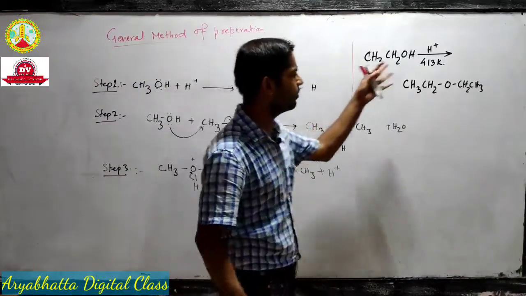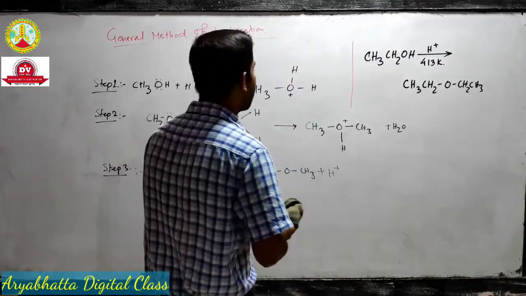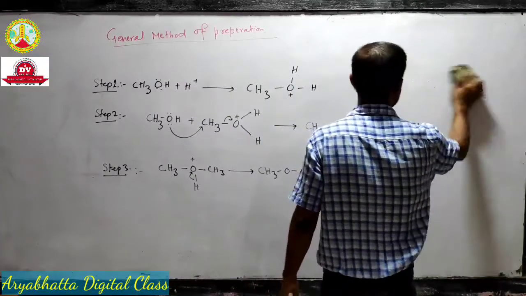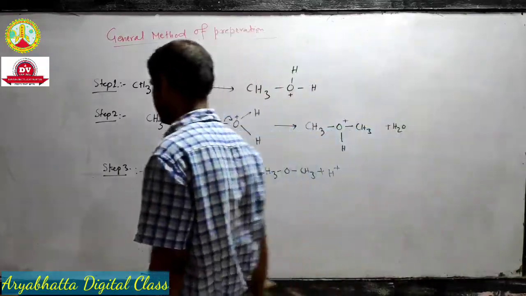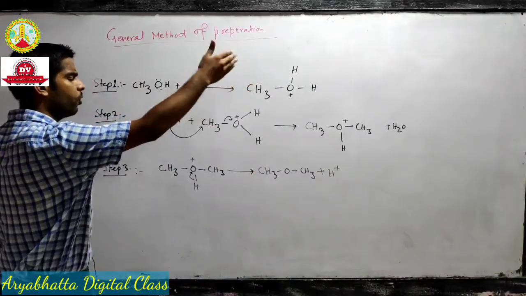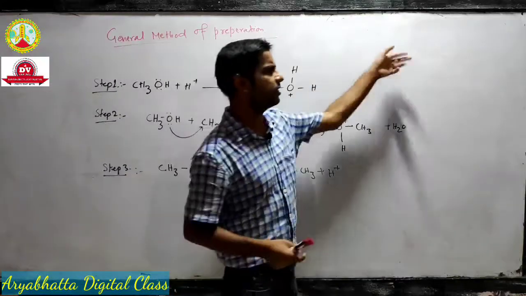That means instead of elimination, a substitution takes place. And we will see how this substitution takes place in the reaction, that is, the mechanism. You can even use the mechanism that I used in the earlier reaction.